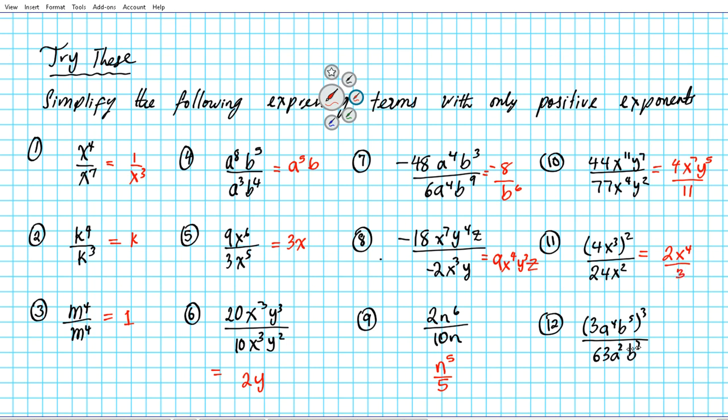And then for number 12, the answer is 9a to the 10th power, b raised to the 8th power. Let's write that again. So this is a to the 10, b to the 8th, and then the entire thing divided by 21.